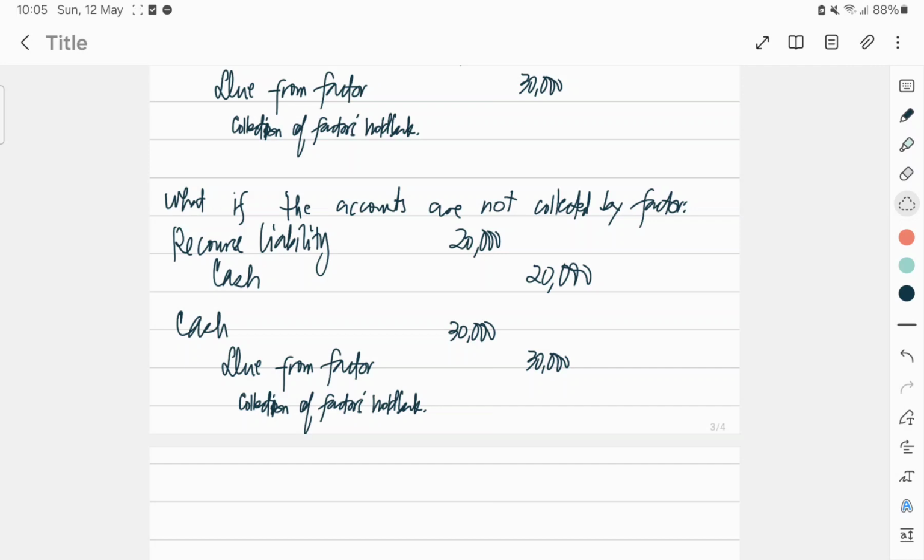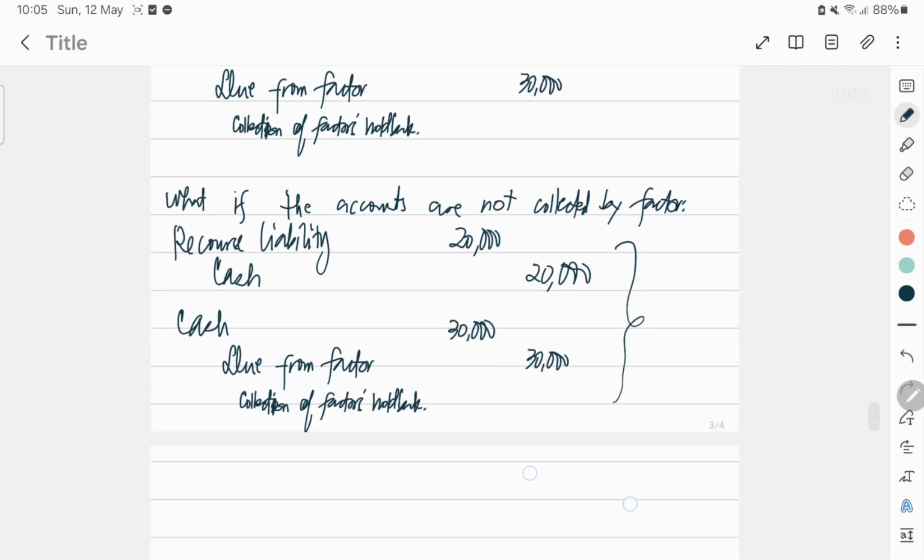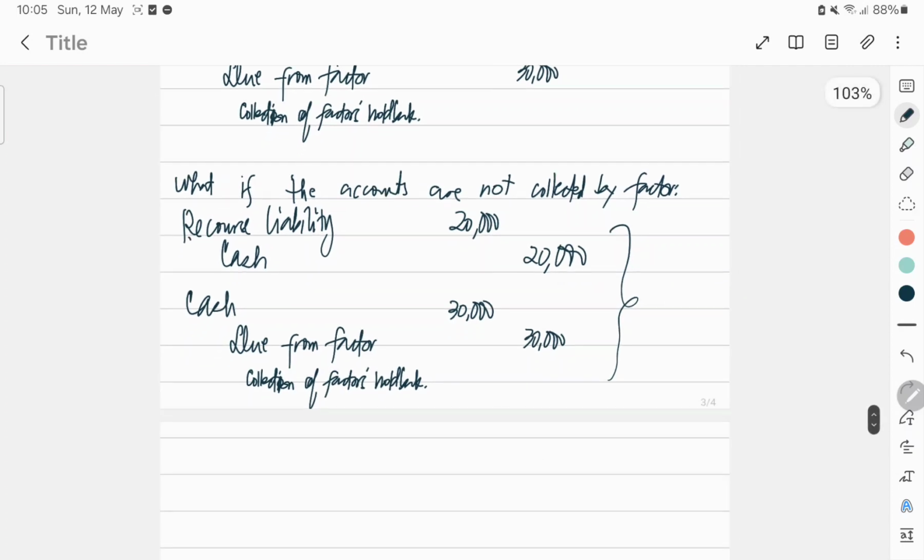Now, question, pwede bang can we compound this two entry? Yes, of course. Pwede naman siya. So, what will be your entry if i-compound natin siya? Debit tayo ng recourse liability. Tapos, magka-credit tayo ng due from factor of 30,000 or since malaki yung due from factor natin, so pwede tayo magde-debit ng cash. So, ganito. Debit cash, 10,000 and then recourse liability.